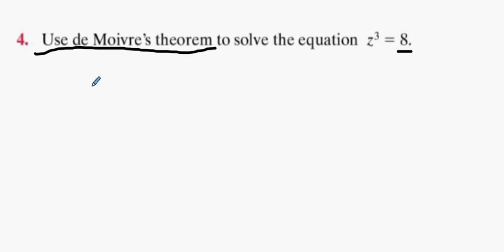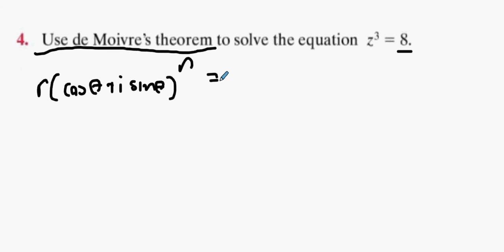So here's what we're going to do. r cos theta plus i sine theta to the power of n equals what? Anybody? r to the n, and then after that cos n theta plus. Alright, great.